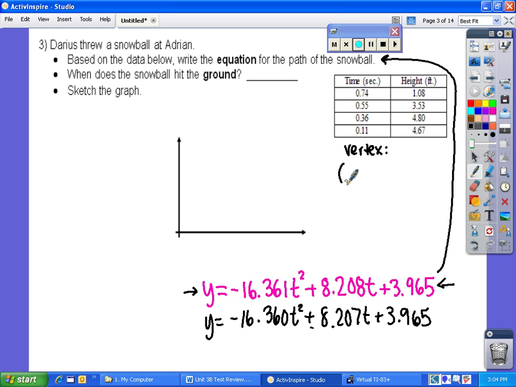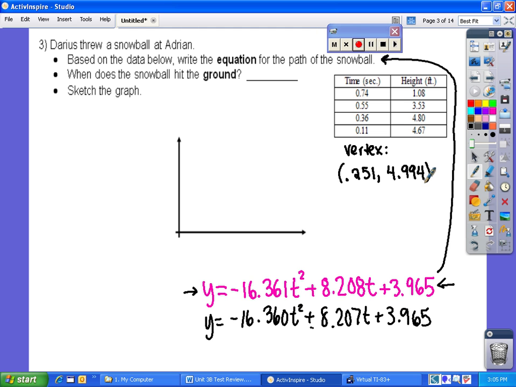And give me a moment, I'm trying to find it. Alright, the vertex that I got is 0.251 and 4.994.